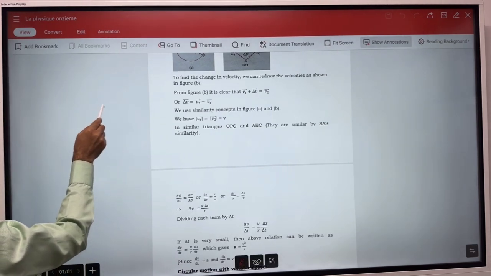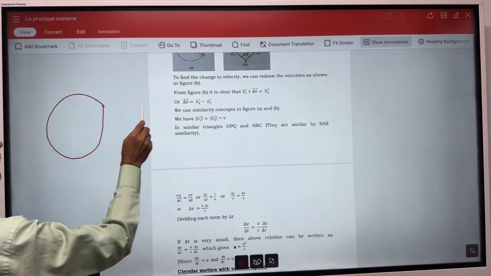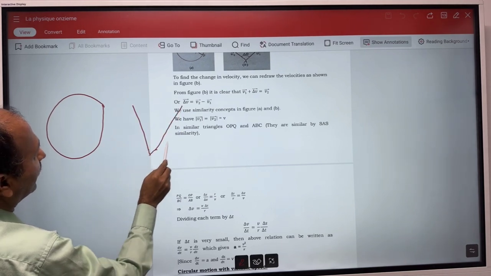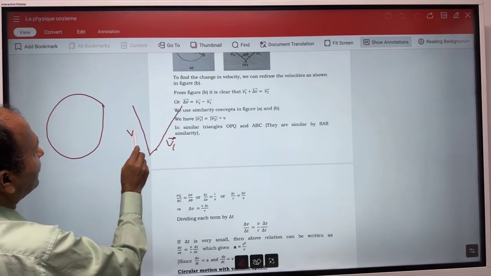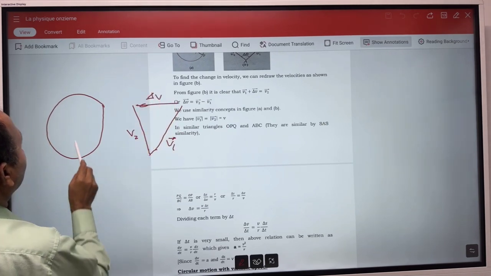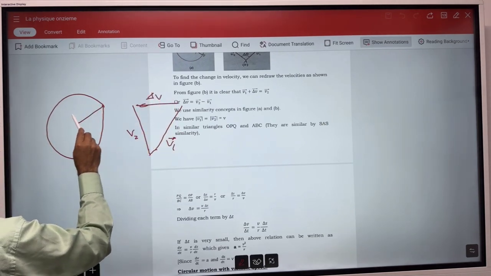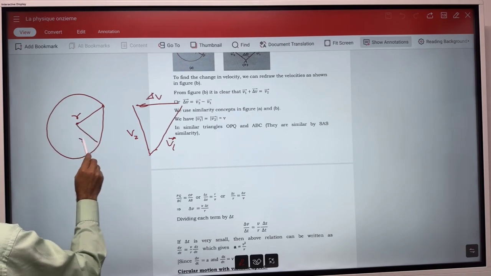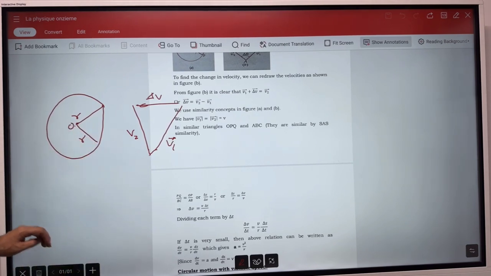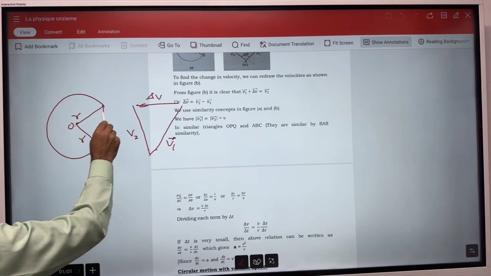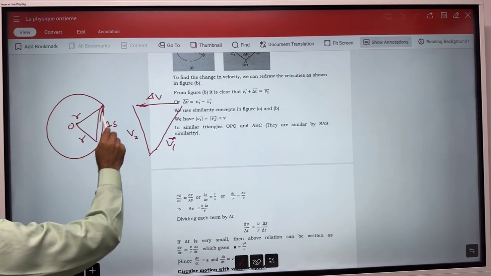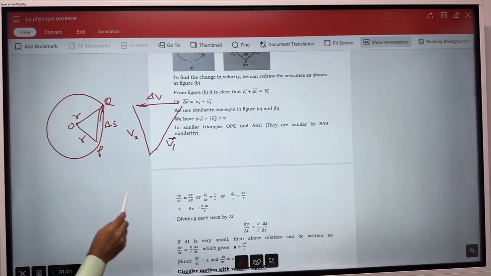The two triangles, as you have seen: in one, this is V1, this is V2, and this is delta V, and in the other, the situation is this is R, this is R, this center is O, this point is P, and this portion is delta S, and this is Q.